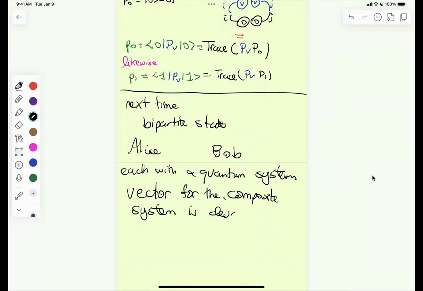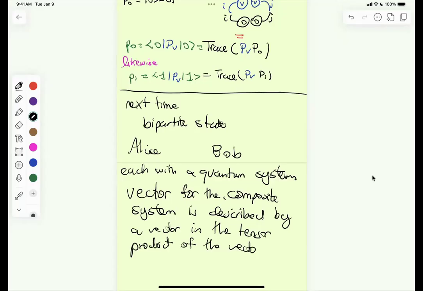is described by a vector in the tensor product of the vector spaces, of the individual vector spaces that Alice and Bob had.